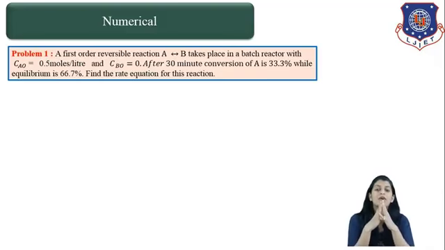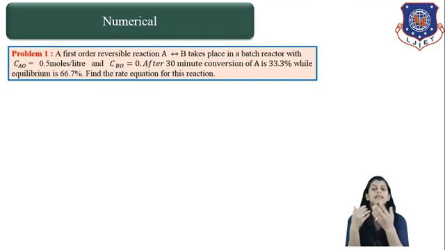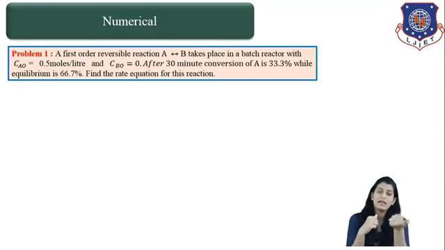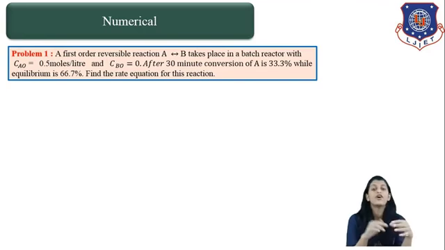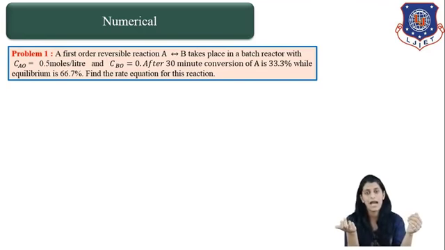Second, we are provided with a first order reversible reaction. So what do we mean by the word reversible reaction? Reactant can react to form product, and simultaneously product can combine together to form reactant back, right?